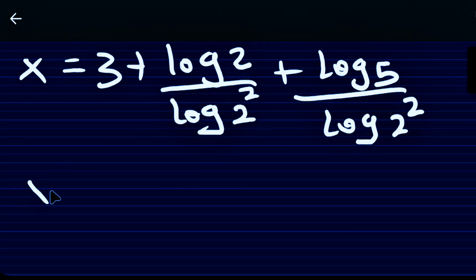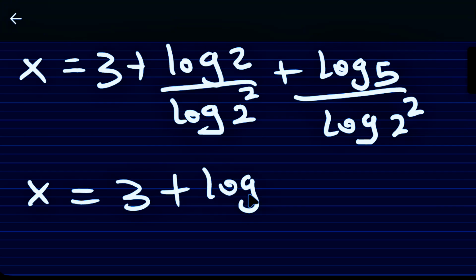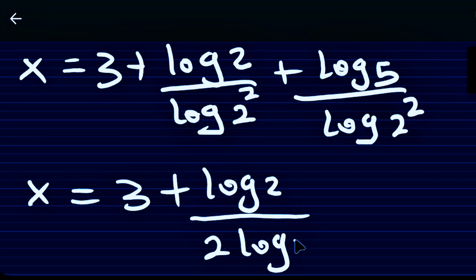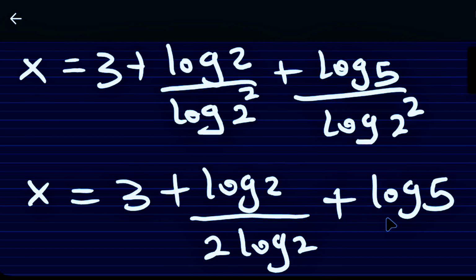So we are going to have that x equals (3 + log 2) divided by 2 log 2, then plus log 5 divided by 2 log 2.